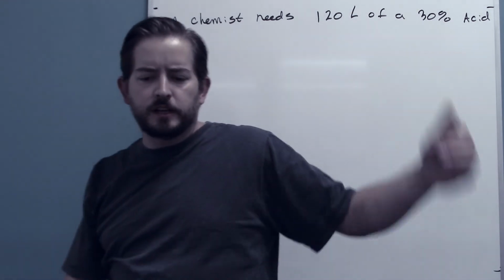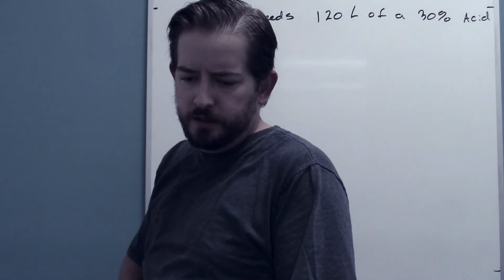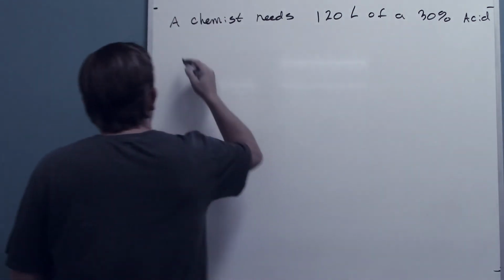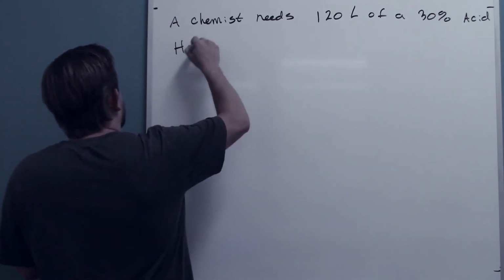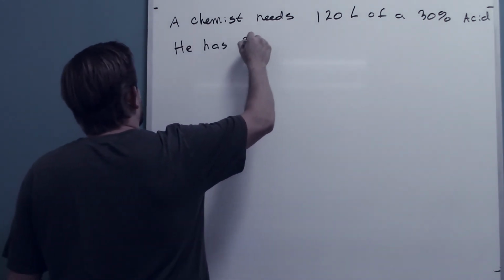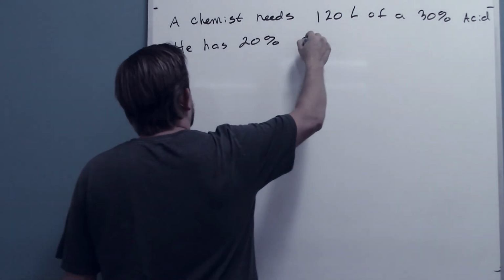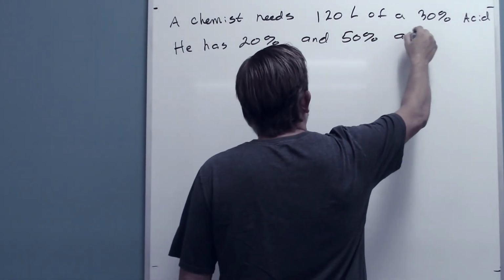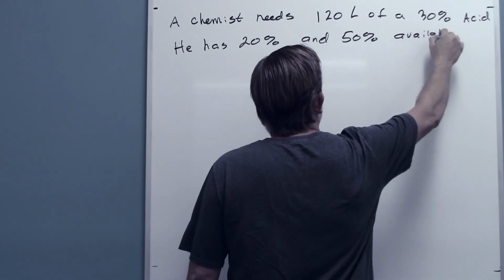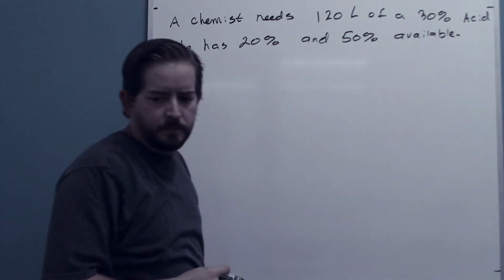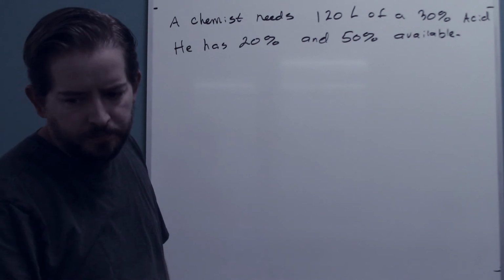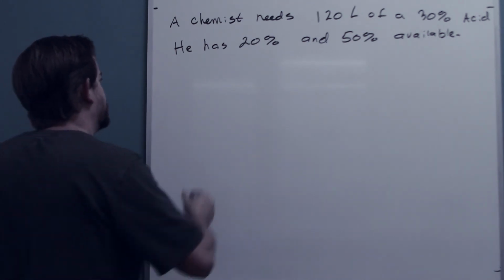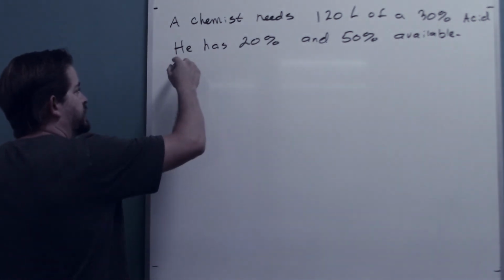Could be a nurse needing glucose or saline. He has 20% and 50% available. And then the question is, how much of each of these, 20% and 50%, should he use?